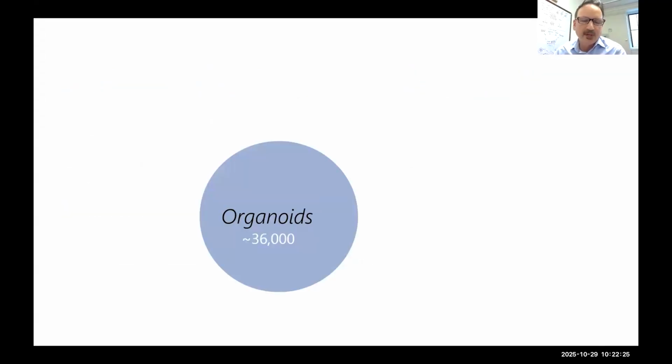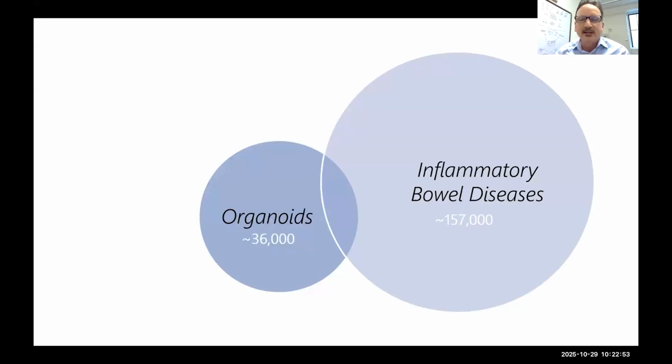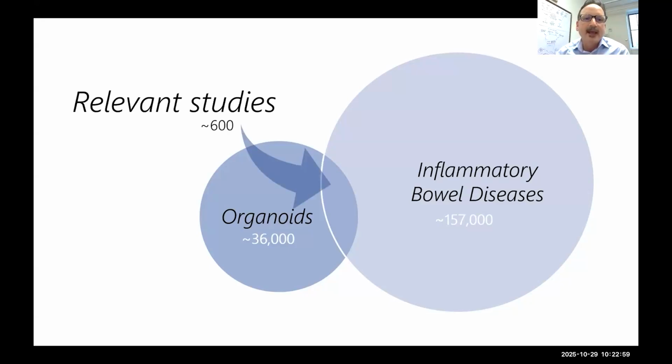And so if we think about this a little bit more and visualize this a little bit more in terms of what our ultimate goal is, we can take this structure and visualize it in a different way. So using terms just related to organoids gives me about 36,000 results in PubMed. Terms just related to inflammatory bowel diseases gives me about 160,000. And really what I'm looking for is that overlap of the universe of these two aspects of the literature.